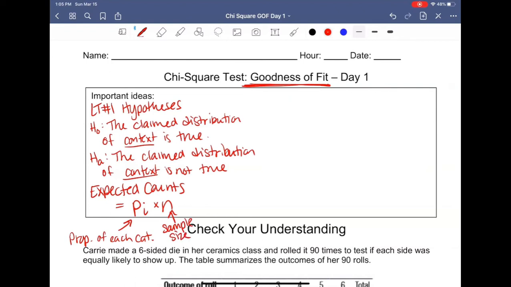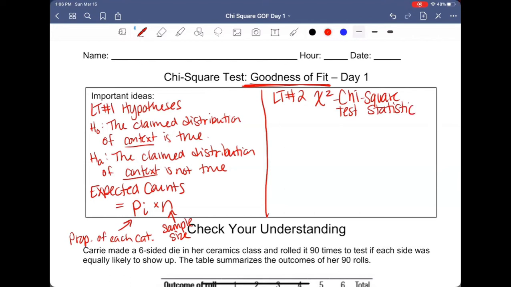All right, and our next learning target was about finding the chi-square test statistic. So I'm going to use this capital X notation, and that is our chi-square. So chi-square test statistic.